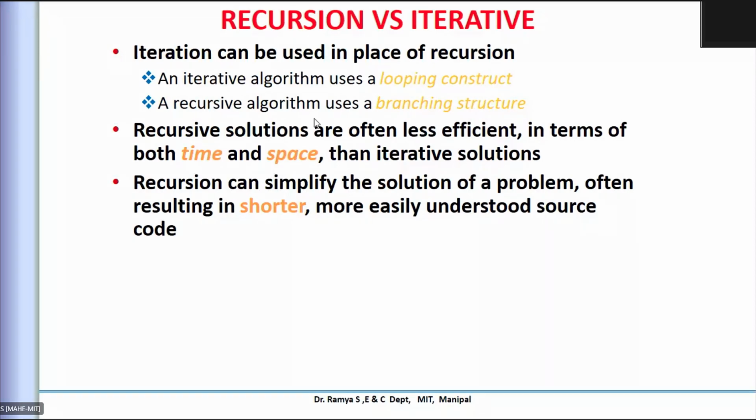We are able to operate on information or memory in a stack concept. That is the recursion problem we have done, and how it is different from an iterative algorithm, for example a looping construct. That is what we have covered till now in data structures. Is it clear for you? Any doubt pertaining to this part?